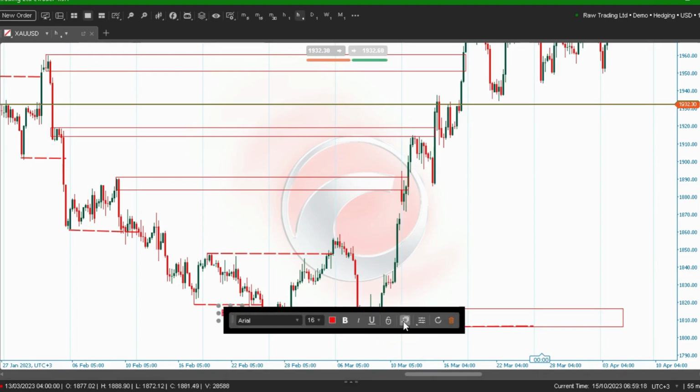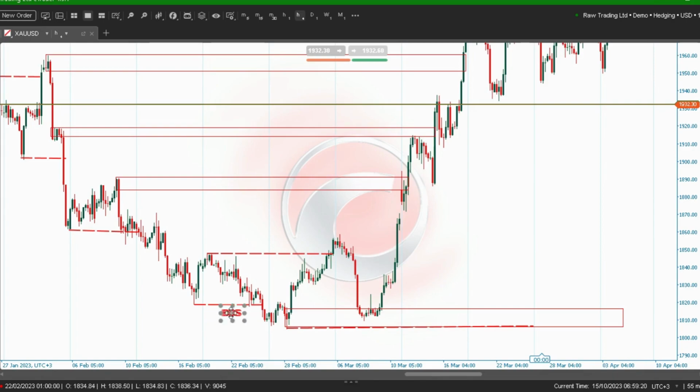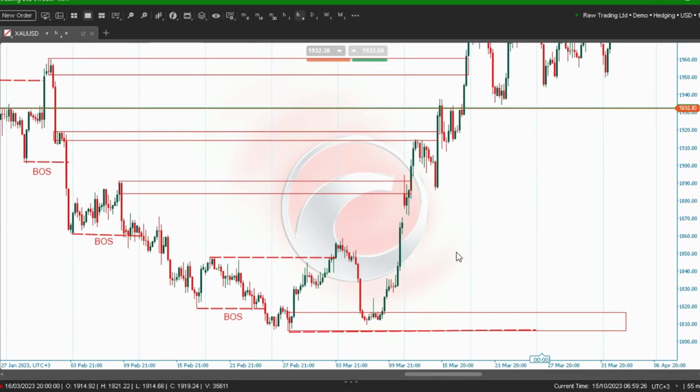All right. So that high, the reason we say it was change of character is because you can see this is a break of structure. This is the high or the supply zone that led to this break of structure. Or even this here you can call a flip zone that led to this break of structure.